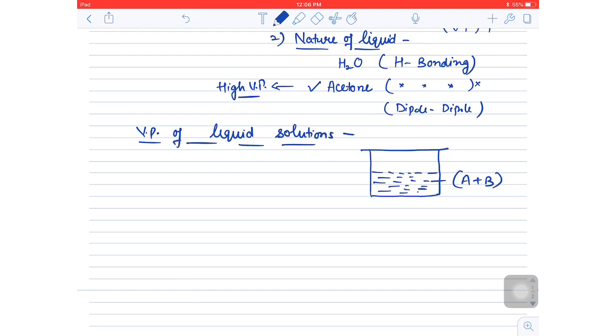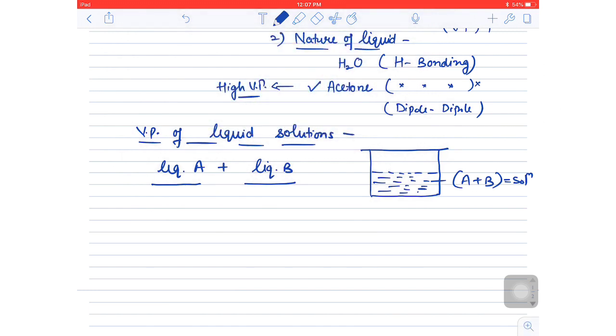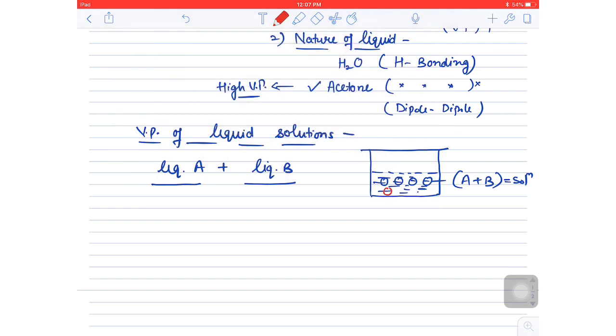We have our solution, which is made up of liquid A and liquid B. Both these liquids are volatile. They will form vapors. Suppose we have liquid A with its blue molecules and liquid B with its red molecules.